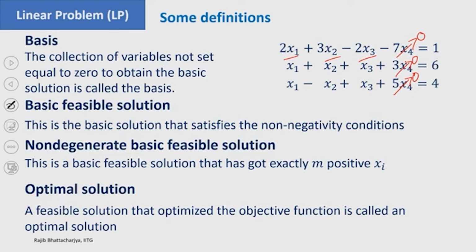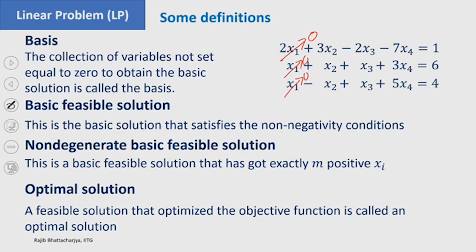Now, next, we may also take it like this: suppose I would like to make x1 equal to 0. So, if x1 equals 0, then x2, x3, x4 we are not setting equal to 0, so they are not 0.